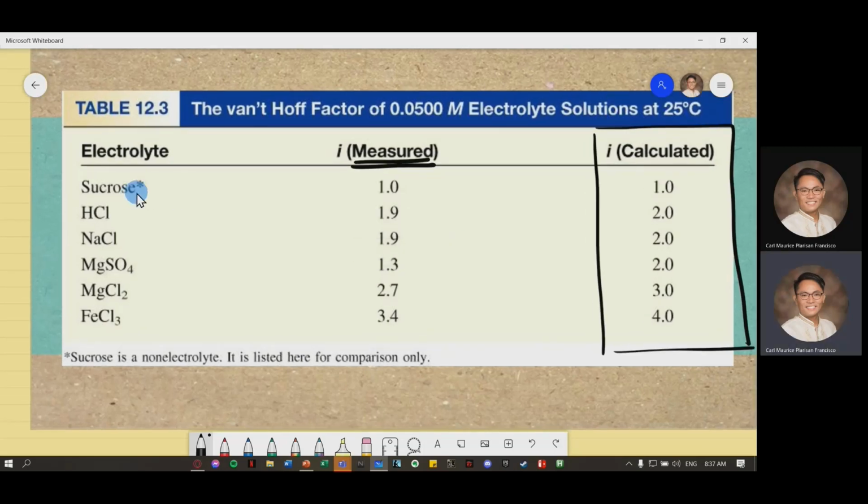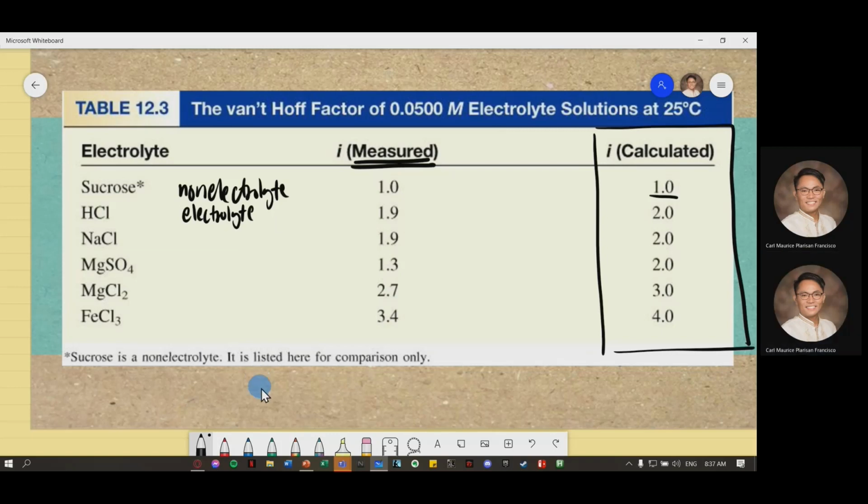Okay, so look at sucrose. Sucrose is non-electrolyte. Ang Van Hoff factor ay 1. Kapag non-electrolyte, ang Van Hoff factor 1. Okay. HCl. HCl in this context is electrolyte. So, paano nalaman?